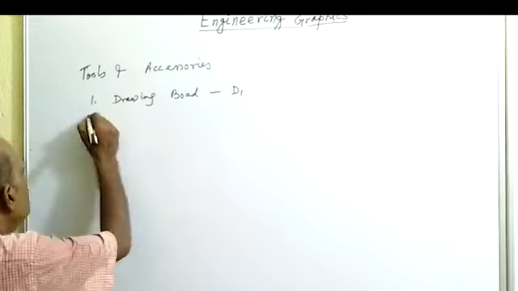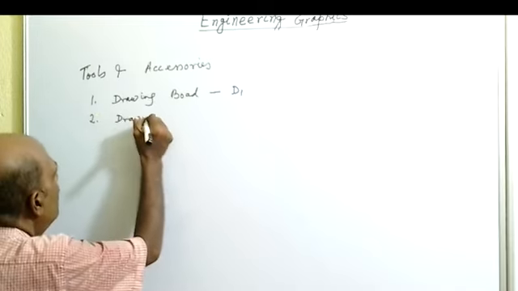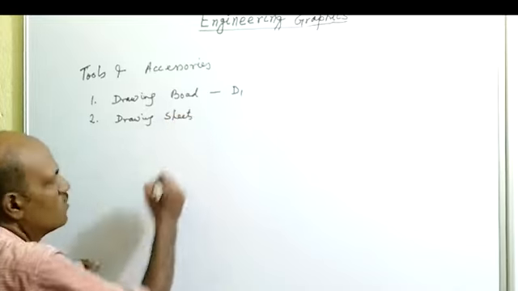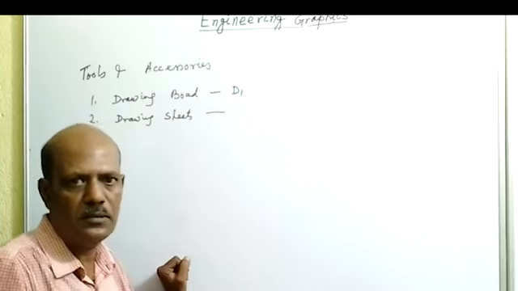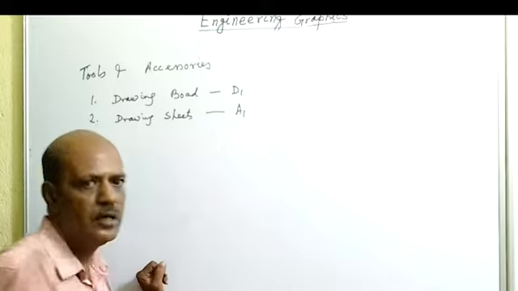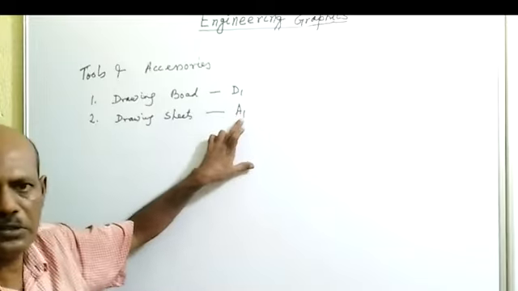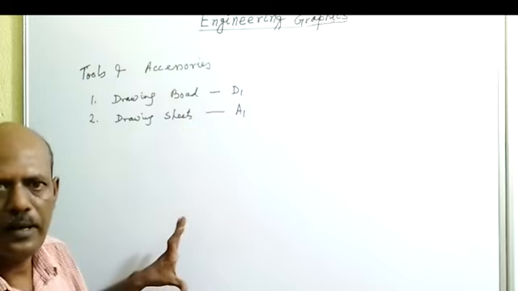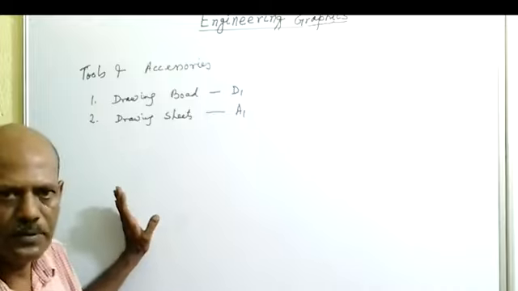Now we require a drawing sheet. There are various standard drawing sheets, out of which for school and college use, we will use an A1 drawing sheet. We will lay out this A1 drawing sheet over the D1 size board, then fix it, and we will start drawing the component.